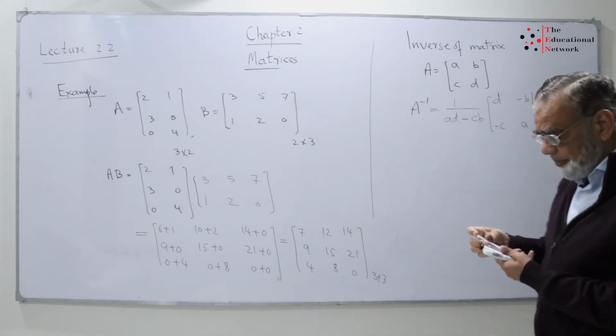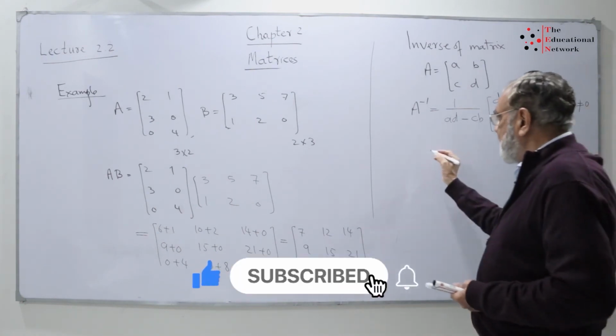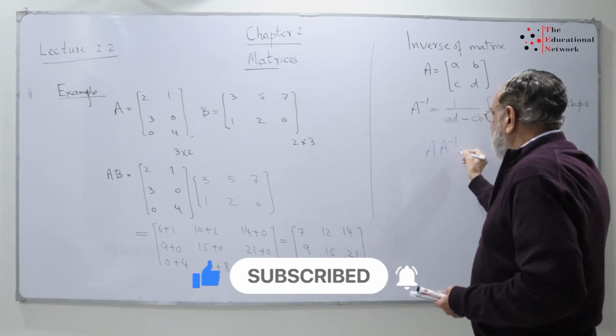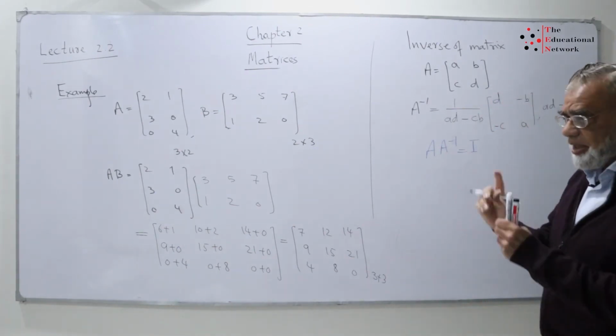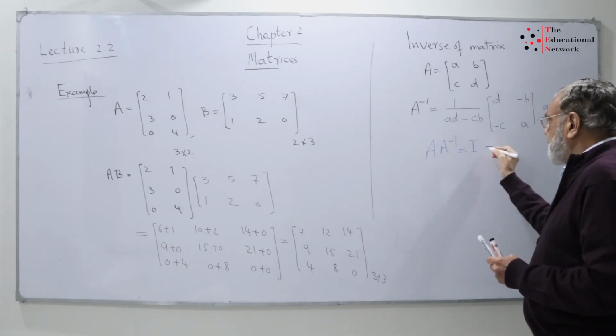So we are having here a property of the inverse that when we multiply A with A inverse, we get here identity matrix. So as we say, the way we are multiplying is important, right and left, but here this is equal to same.